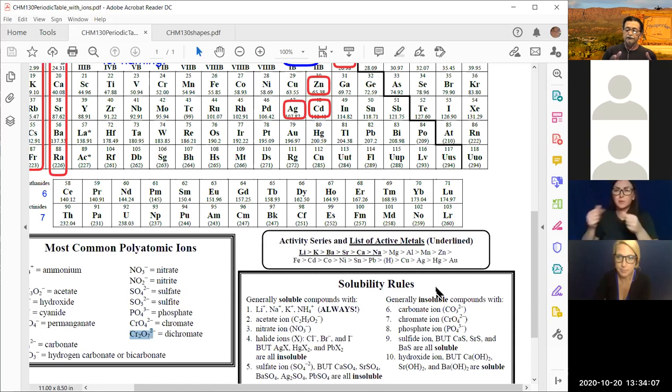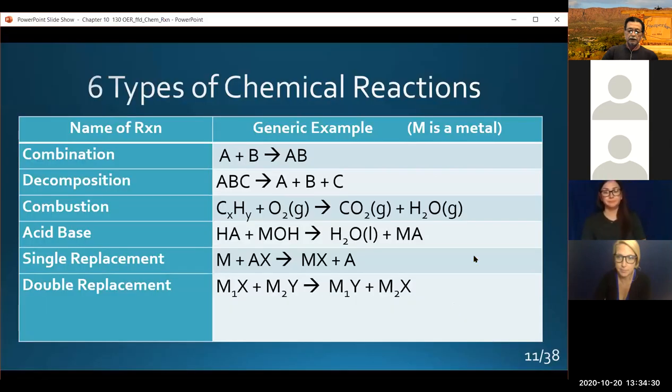If both products are soluble, no reaction. If a reaction proceeds, you're going to have at least one of the products be insoluble. Therefore, you have a reaction, a positive reaction, I should state. Okay, so that's called a double replacement reaction.